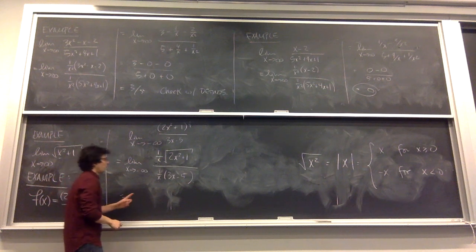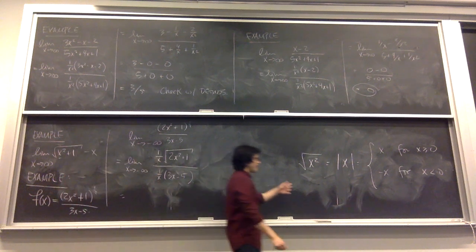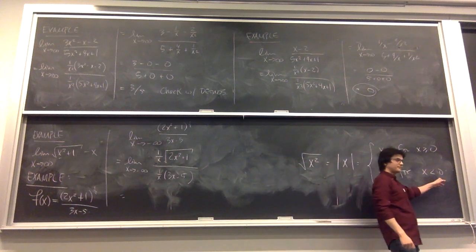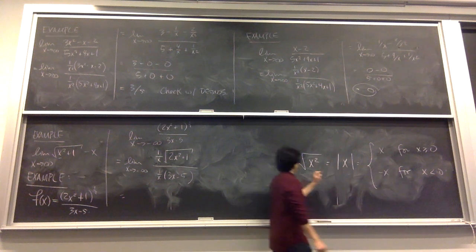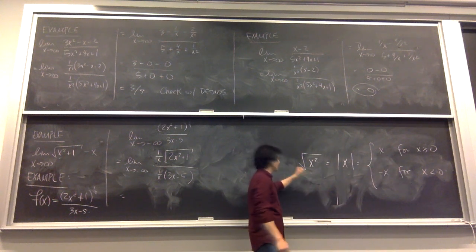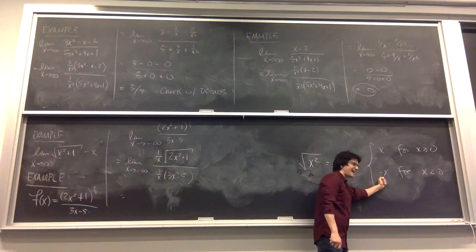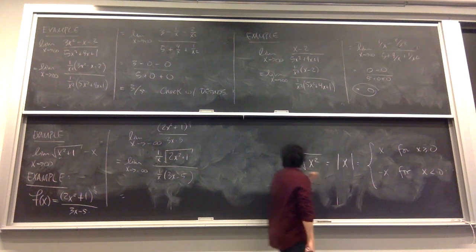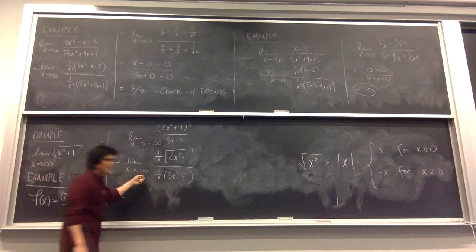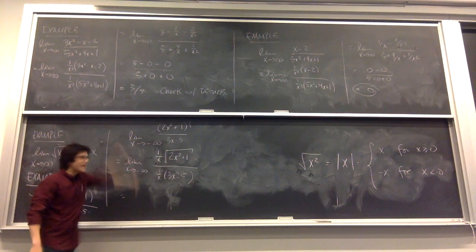So if x is less than 0, the absolute value, the square root of x squared, when x is negative, is minus x. So that means if I'm approaching negative infinity, x's will be negative.